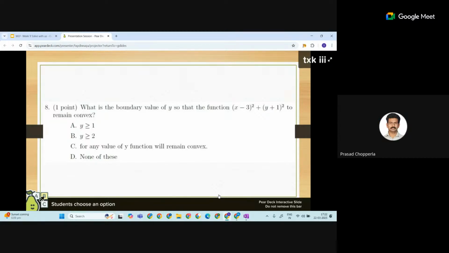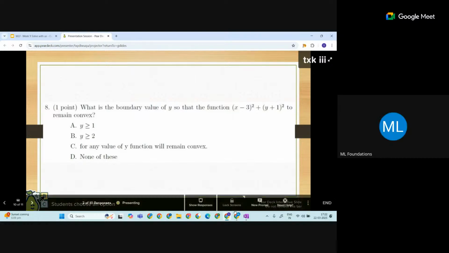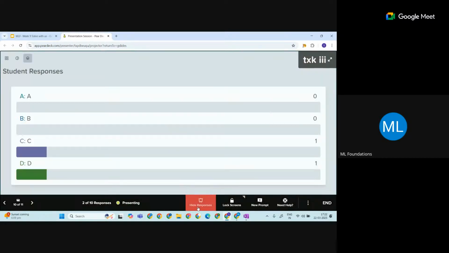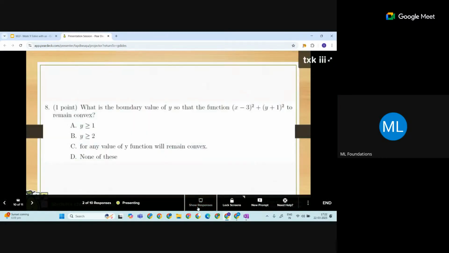So for any value of y, it will be convex only, sir. I don't see any polynomials. Yeah, correct. C is the correct answer. Here we are not able to give any constraint. So somebody suggests D also, none of these.